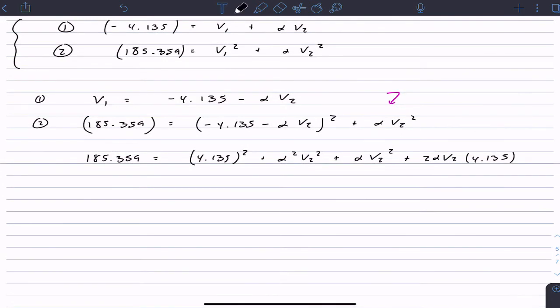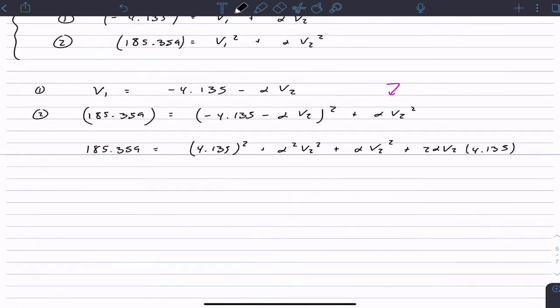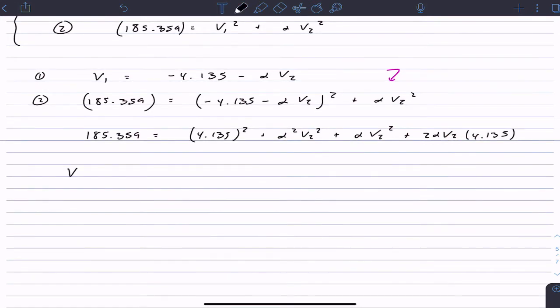Okay, so now we can solve for V2 using a quadratic equation, because we have something here. Remember that alpha is actually a constant, right? So we can actually plug in all of these numbers and solve for V2. So let's figure out what V2 is.